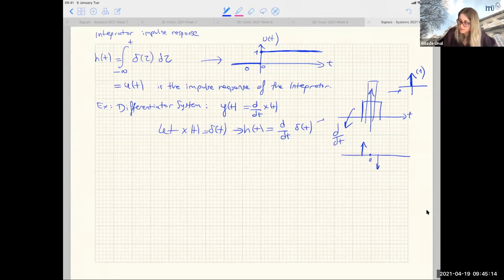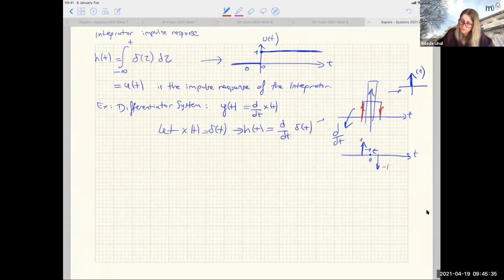But actually, as delta goes to 0, you see why I'm saying that, right? Because it's a rectangular signal, there is an increase here and a decrease here. That's why the derivative is a plus one and a minus one.